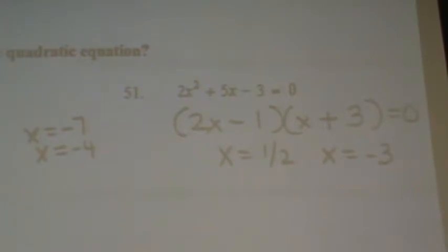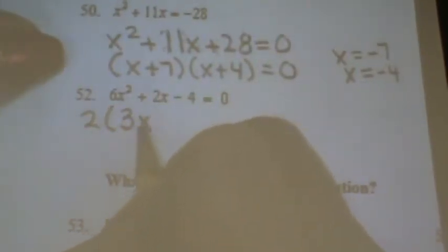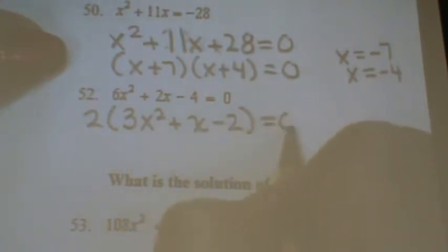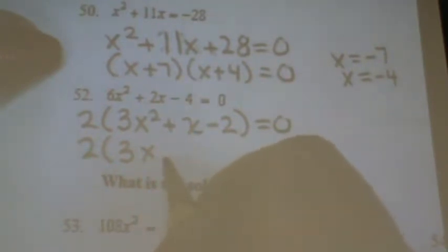And then the last one, I can take a 2 out. I can factor a 2 out of this one. And then this one factors to be 3x minus 2 and x plus 1.